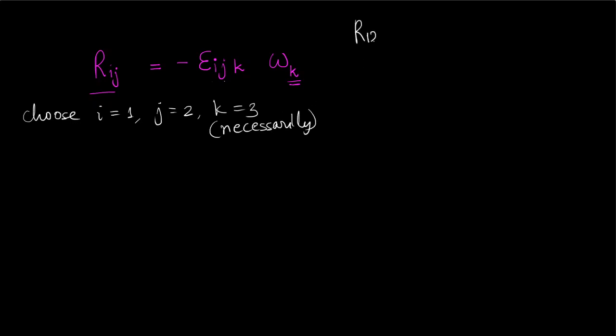So R12 is equal to minus epsilon 123 omega 3, and epsilon 123 is equal to 1, so this becomes equal to minus omega 3. Sir, half. Yeah, so half, that factor I've forgotten.